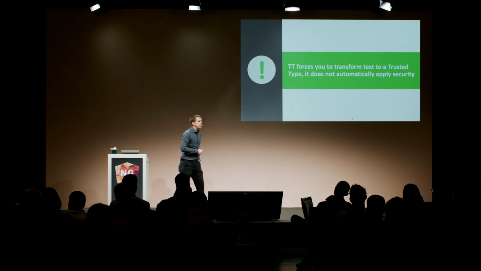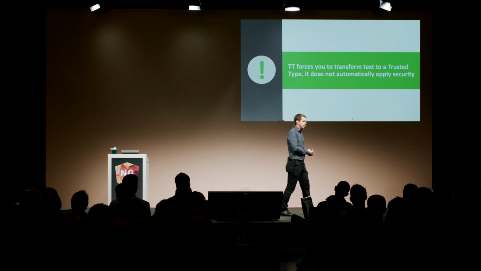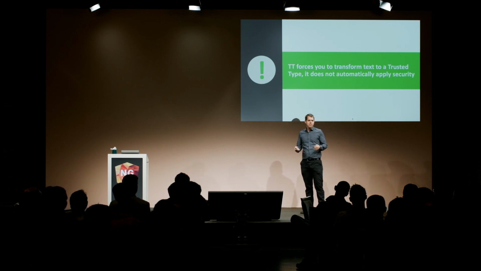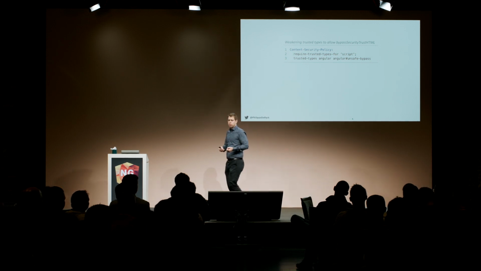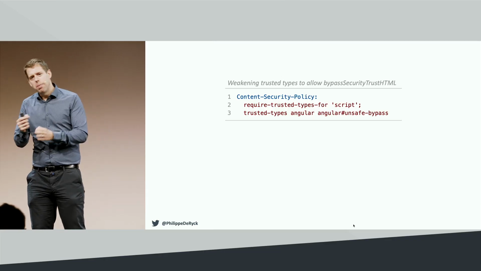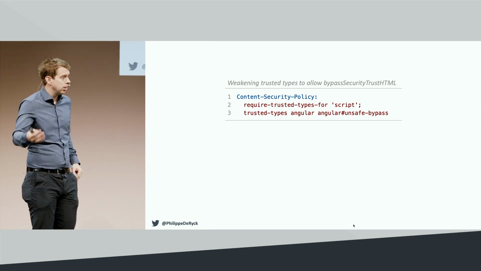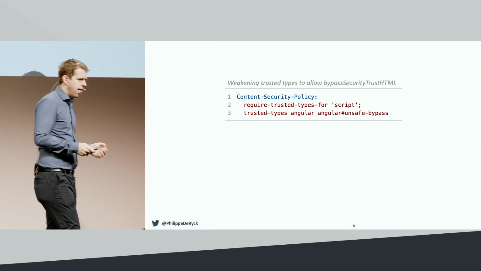And I can hear some of you thinking like, yeah, but I do use bypass security trust HTML and I want to keep using that. I like some danger here. So, well, in that case, you can tell the browser, with your trusted types configuration, like, yeah, this bypass security trust HTML, that's also kind of fine. You have a policy built into Angular for that. It's got the Angular hashtag Unsafe Bypass policy.